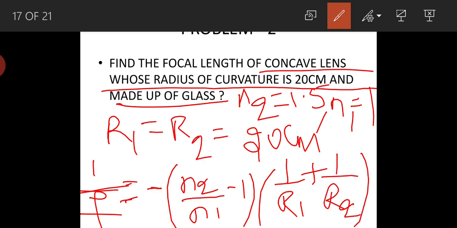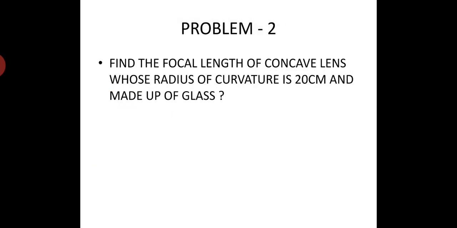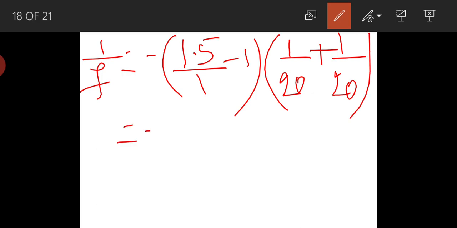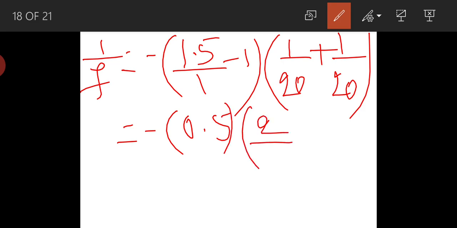So on substituting these values in this formula, 1 by f is equal to minus of (1.5 by 1 minus 1) into (1 by 20 plus 1 by 20). So this is minus of 1.5 minus 1, that is 0.5, into 2 by 20. 0.5 into 2 is 1.